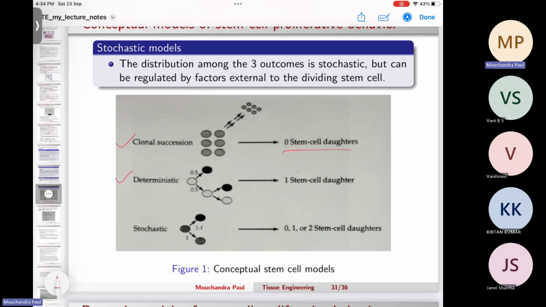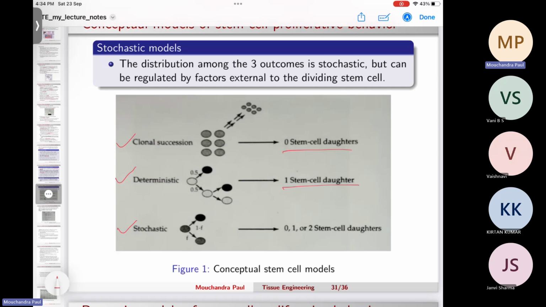And there is the deterministic model. Here there's a 50% chance that one cell will remain in the reservoir and another cell will differentiate. So the total number of the stem cell reservoir is maintained. But in the stochastic model, it is happening completely randomly. There is no fixed pattern of how the cell division will take place.